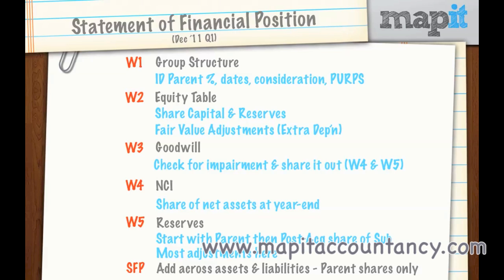We'll also need to remember to bring in any fair value adjustments, for example, on our non-current assets or intangible assets, and also that we've already done our reserves and our NCI in our workings, so we'll need to bring those figures into our statement of financial position. So see if you can do that, remembering all of the adjustments that we've made, and see if you can get your statement of financial position to balance. So pause the video now and try, and then work through the answer with me.